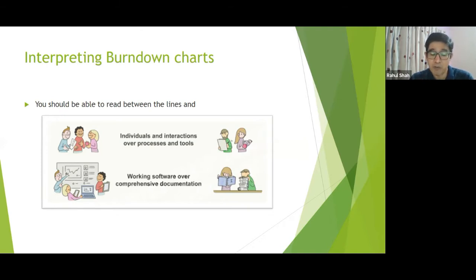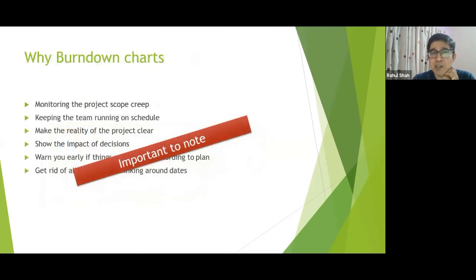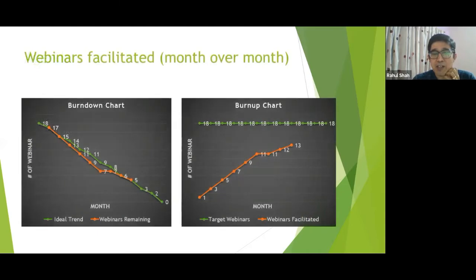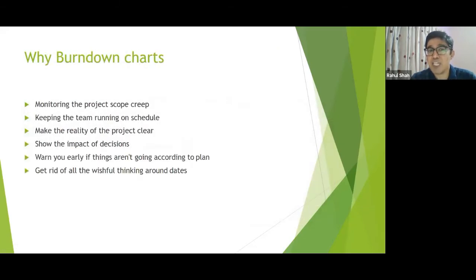At the same time, you have to focus on working software. One of the agile principles also says, working software is the primary measure of progress. The chart doesn't tell me whether something is working or not. If I have a number of hours, I'm not saying whether something is done or not. So I have to keep that in mind.